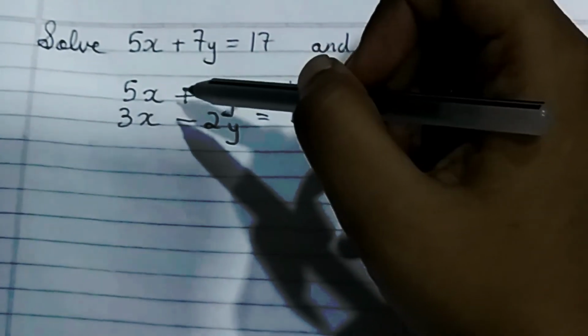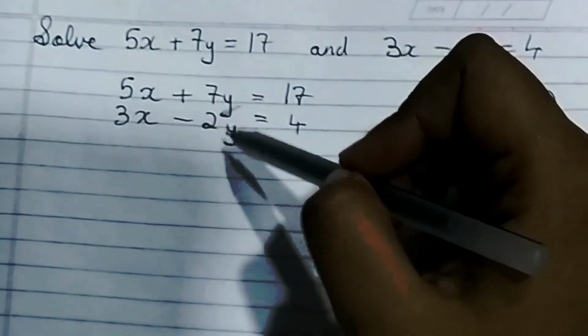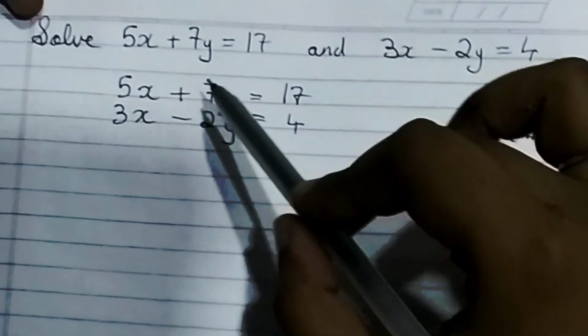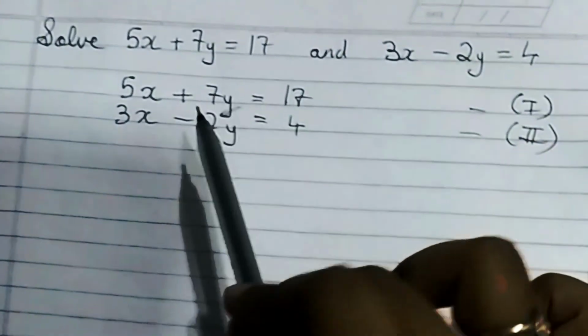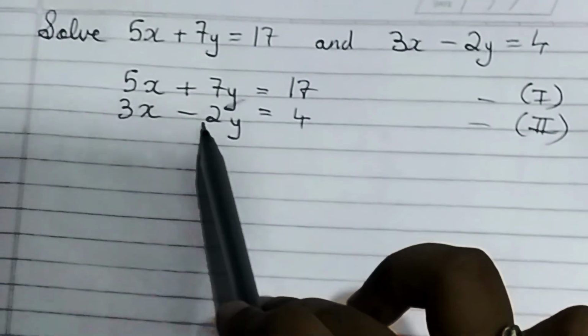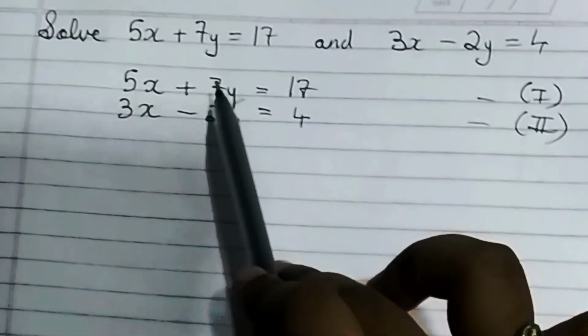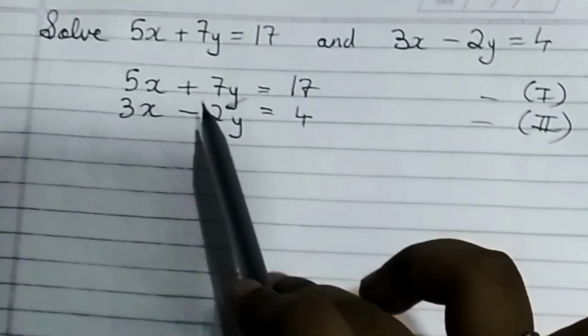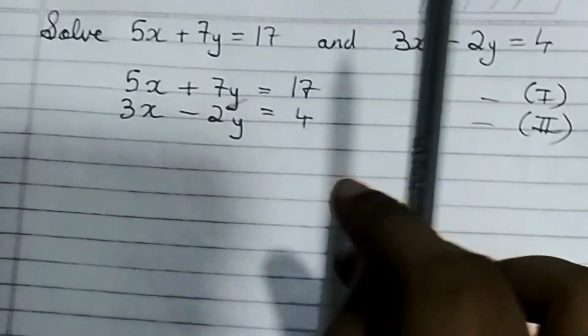Now we have to see the coefficient of which variable will be easy to change. See the y: one coefficient is positive and one is negative. So if we make the coefficient of y the same, then we can easily add both the equations and solve.